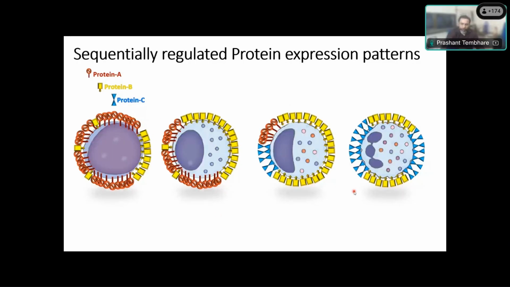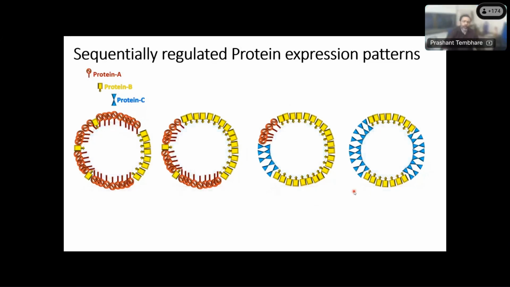Now let's remove the cells, so you have only proteins, the amount of proteins at different stages. Because these are tightly regulated by gene expression and do not change from individual to individual, we know that if this amount of protein A is there and this amount of protein B, it is the earliest stage.